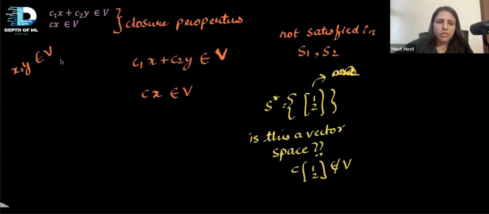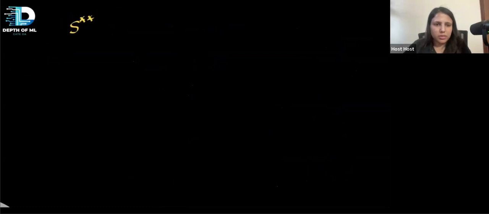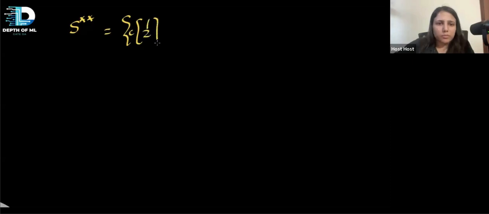So first condition is actually sufficient, but it's defined for two vectors. And suppose there is just one vector. For example, in this example, which I'm going to give you, suppose this is how I define my vector, right? And C belongs to R, right? Is H double star a vector space?